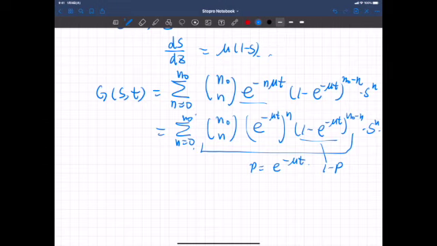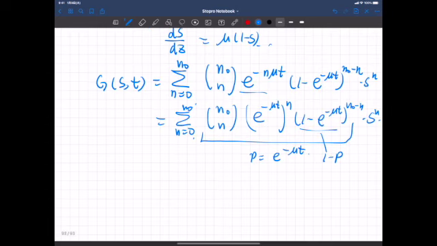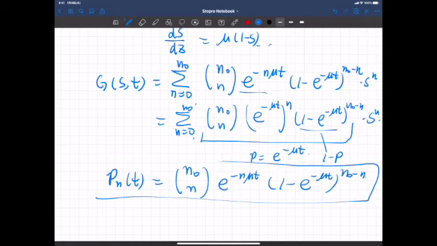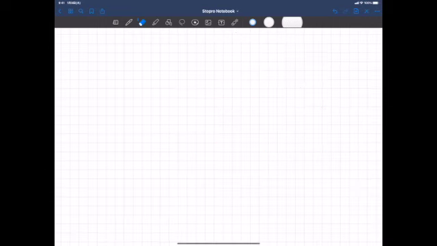So after all, this is the probability mass function for the death process. Now, from this result, you can calculate the probability of extinction at time t.